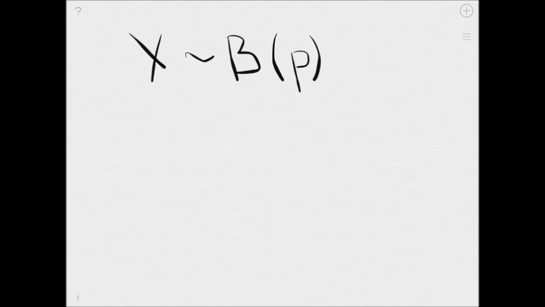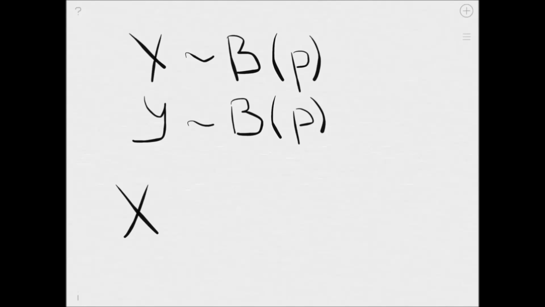So we have following result. For example, we have two independent Bernoulli variables. Each of them has probability of success p. In this case, their sum x plus y will have binomial distribution with parameters 2 and p.